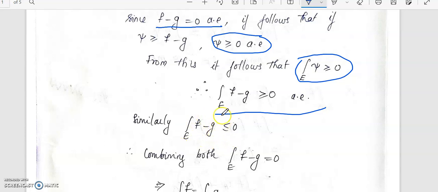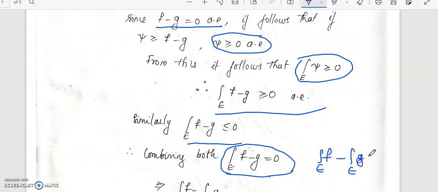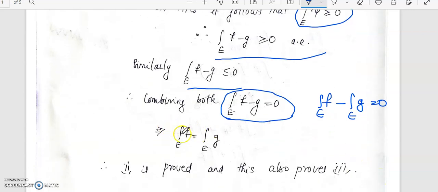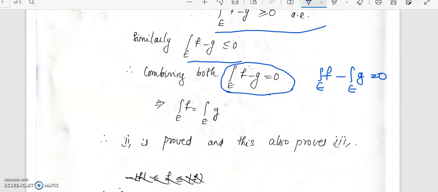So we get integral over E of f minus g greater than or equal to 0 and less than or equal to 0. Combining both, we obtain integral over E of f minus g equal to 0. So we can write it as integral over E f minus integral over E g equal to 0. That gives the required result. So integral over E f will be equal to integral over E g. So this proves the second result.